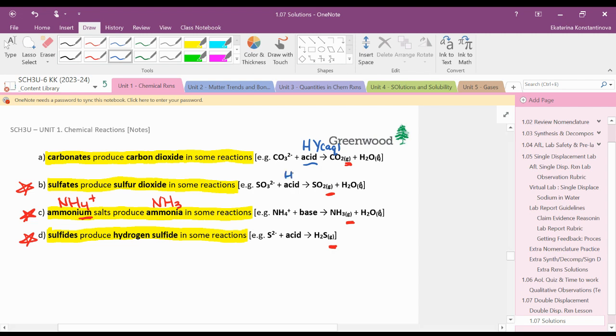Same thing here. And then for your ammonia salts, you're looking for something with a base, some kind of base with a hydroxide specifically, because that's where your oxygen for the water and your hydrogen will come from. And again, for the sulfides, it will be some kind of acid that will be part of your reactants to get to the gas as a product.